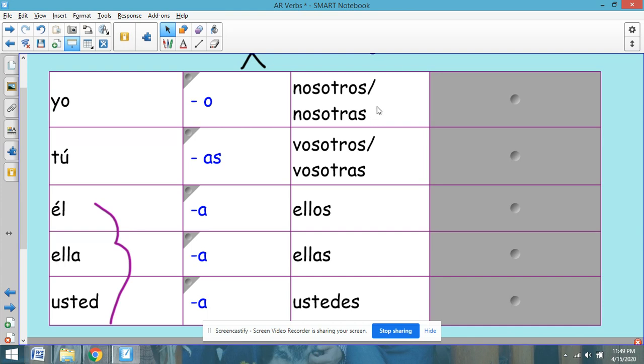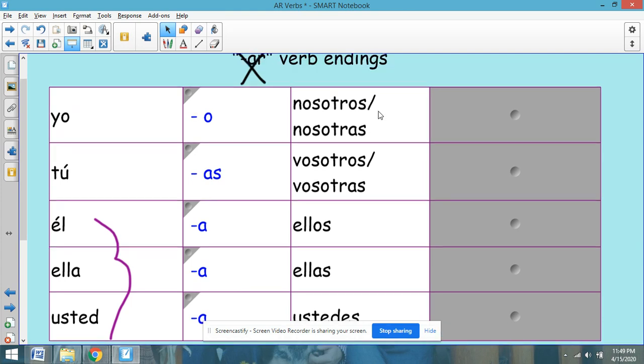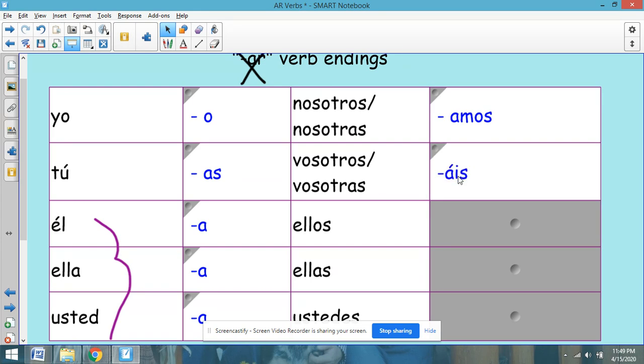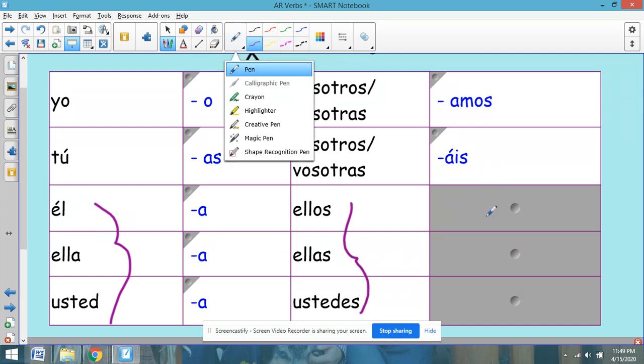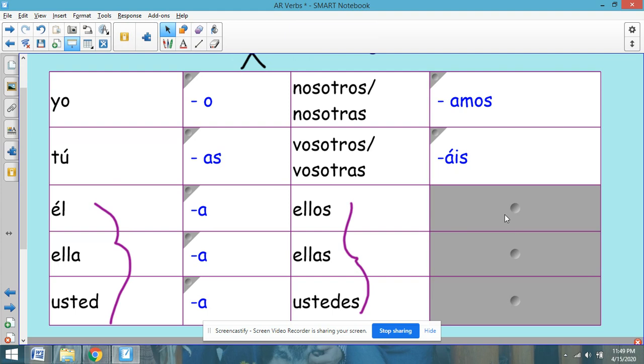When the subject is nosotros or nosotras, the ending of the verb is amos. When the subject is vosotros or vosotras, the ending of the verb is áis. And then if the subject is ellos, ellas, or ustedes, that shares the same ending again, and it sounds like on, an.